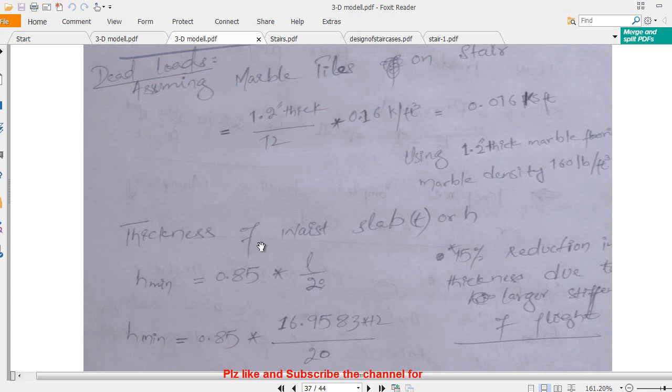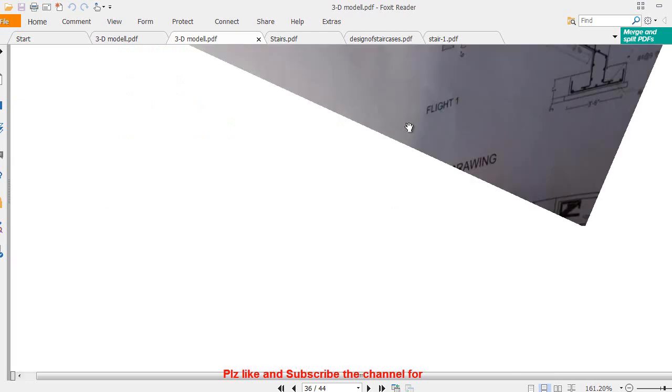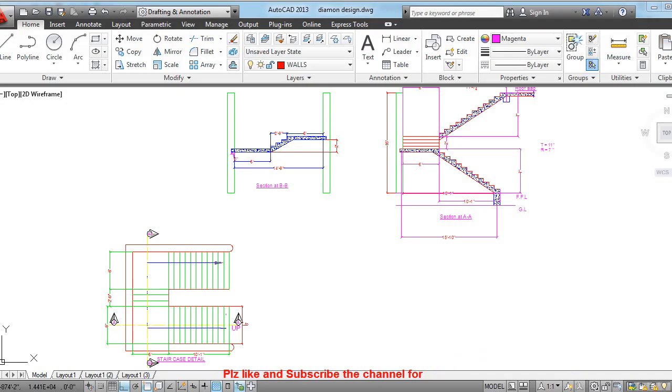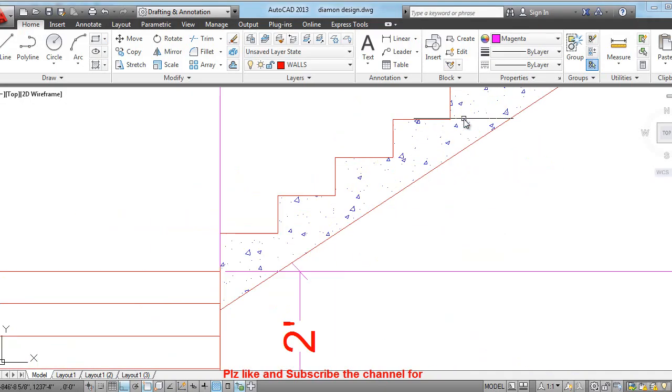And we need to find out the slab waist thickness, and you all know the slab waist thickness is nothing, it is just this thickness here. In this drawing you will see this is around 6 inches. Here I assume this is 6 inches.